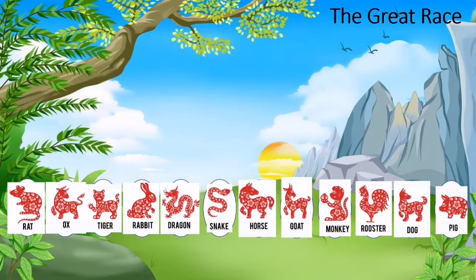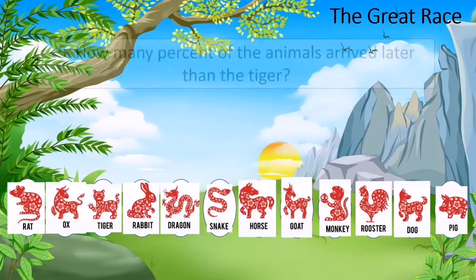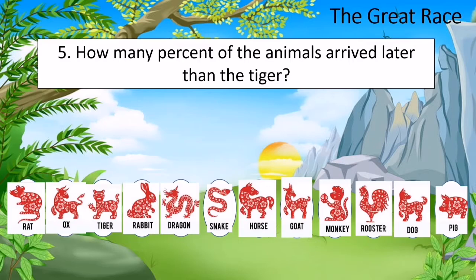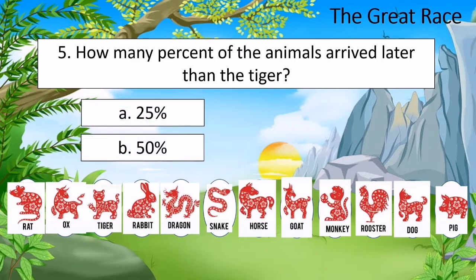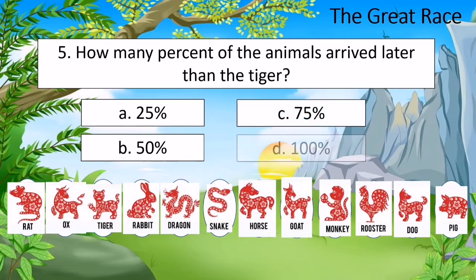Now let us have the last item. How many percent of the animals arrived later than the tiger? A. 25%, B. 50%, C. 75%, or D. 100%? What do you think is the answer?